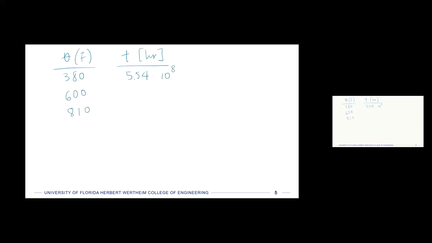So we said if we tested at a lower temperature, it should last a lot longer. So that matches with our intuition. I used 600, so we get 600 out to calculate it in the first place. And then at 810 degrees Fahrenheit, I calculated it would last 0.103 hours, right? So that's about 5 minutes, 6 minutes, right? So that's not very long.